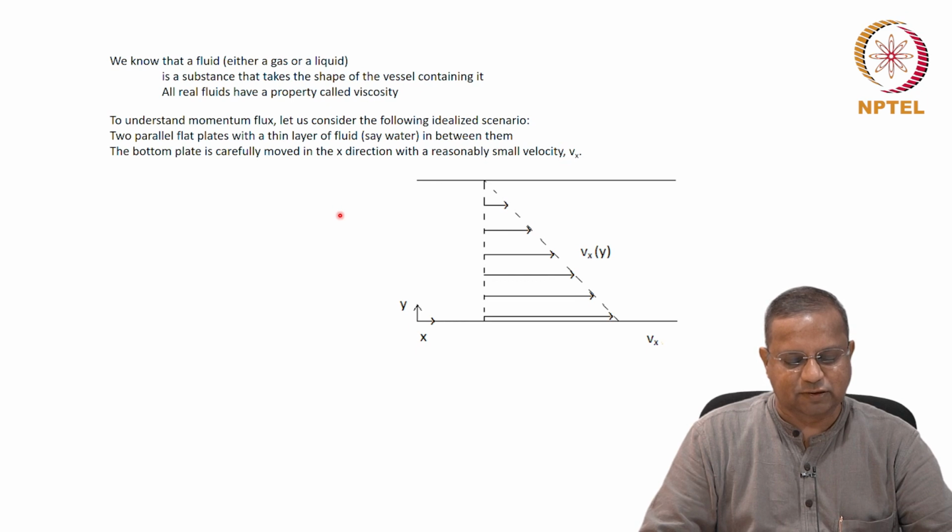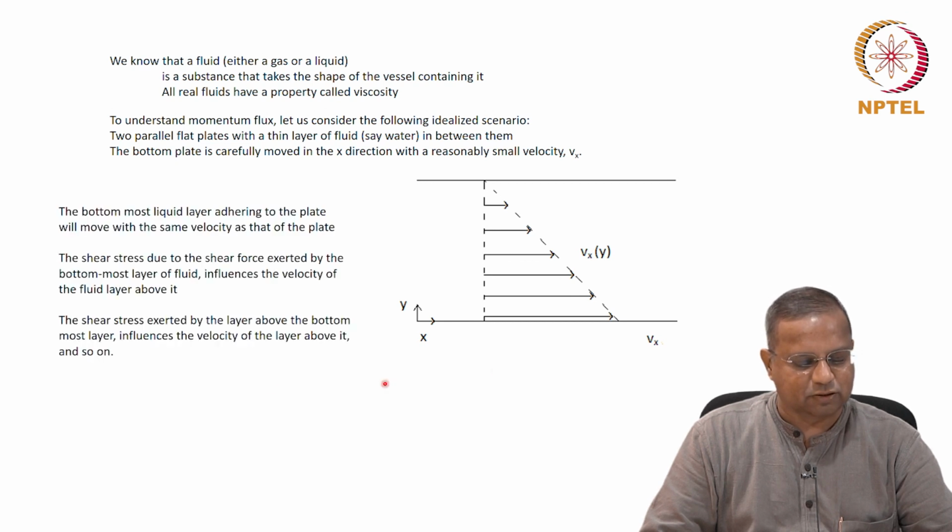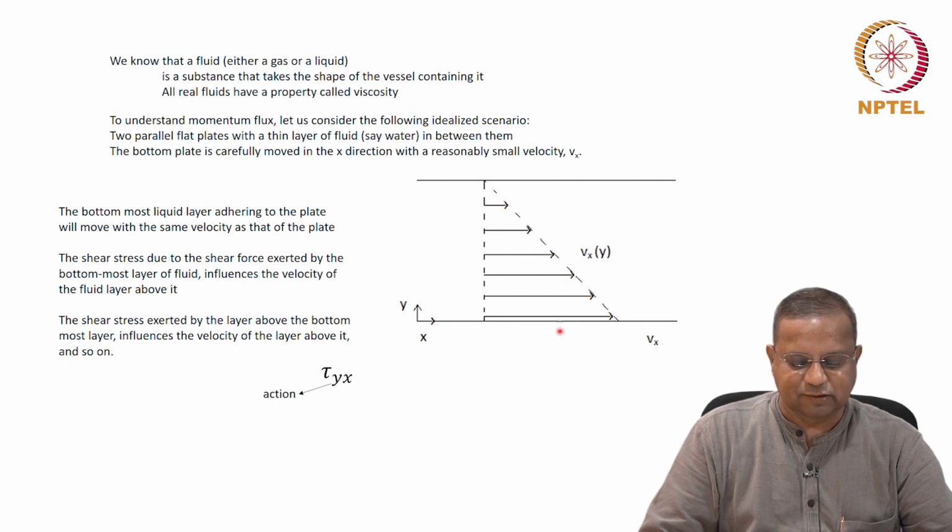Then we talked about the effect of this movement in the perpendicular direction being caused by a shear stress tau yx. The first subscript is the direction of the gradient, that is y in this case, or the direction of action as I called it, and x is the direction of motion, the direction of velocity.